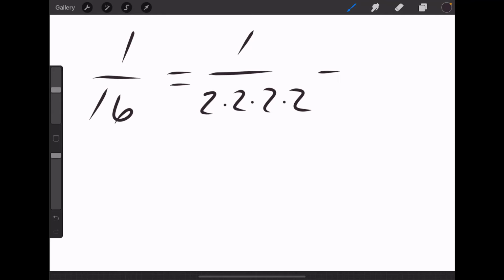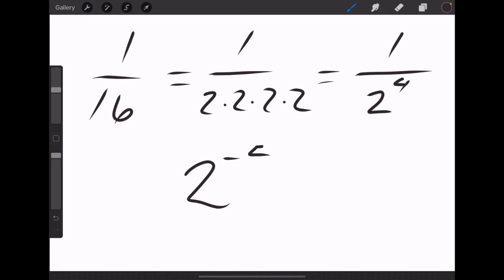And then I'm going to rewrite that using exponents. So that'll be 1 over 2 to the 4th power. Now we can just reverse our negative exponent rule and rewrite this as 2 to the negative 4th power. No fraction bar.